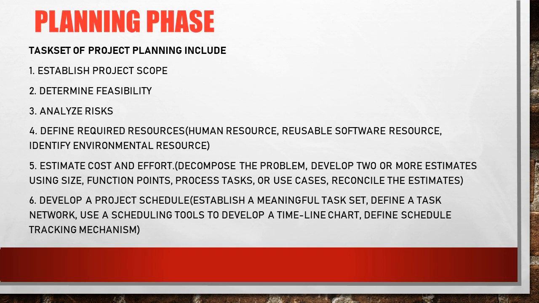The function and performance allocated to software during system engineering should be assessed to establish a project scope that is unambiguous and understandable at the management and technical levels. Scope can only be established by detailed discussion and reviews with the client.